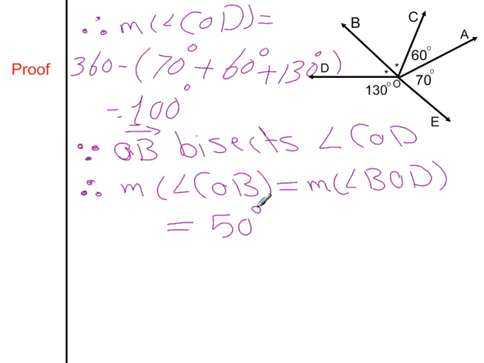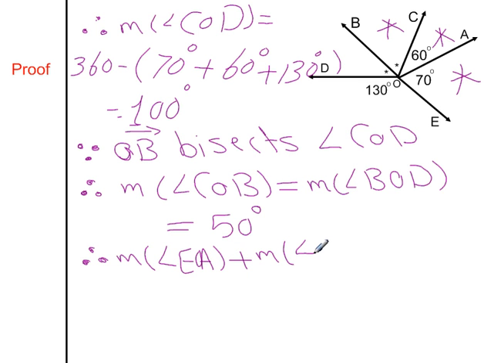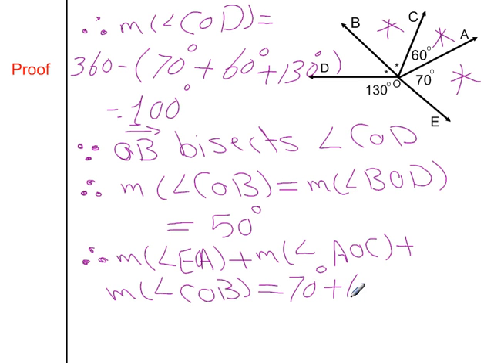Okay, let's take these three angles and check if the sum of their measures equals 180 or not. Therefore, the measure of the angle EOA plus the measure of the angle AOC plus the measure of the angle COB equals 70 degrees plus 60 degrees plus 50 degrees.